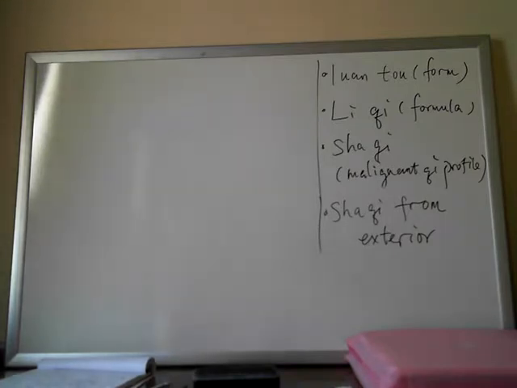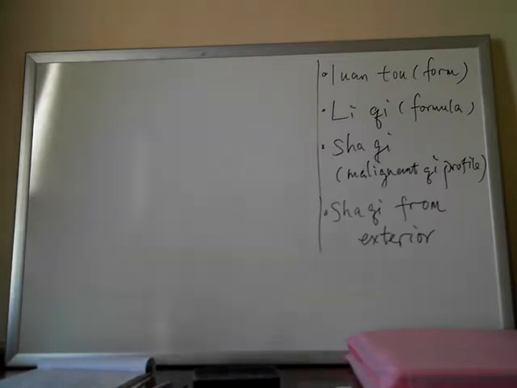In feng shui, you try to make arrangements, to create certain auspicious feng shui structures, certain auspicious feng shui configurations, such that the form and formula can match. Okay, that's the essence of feng shui. So don't just say this is form school, that is formula school.